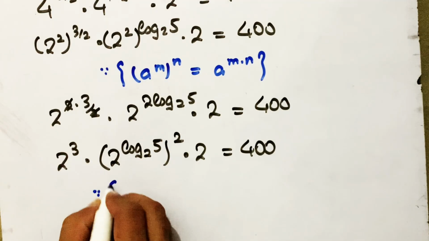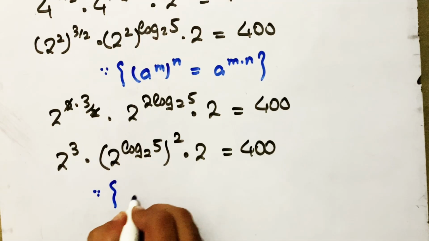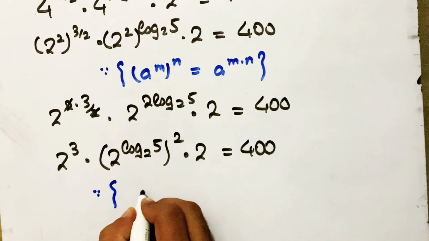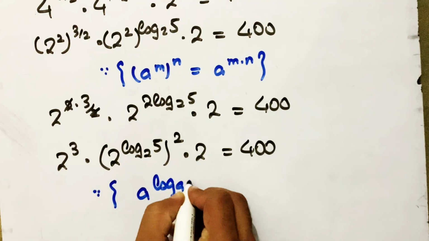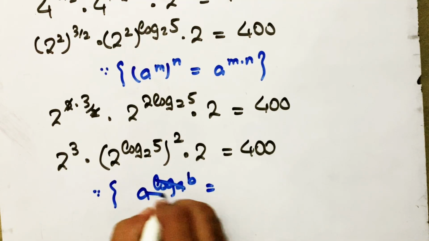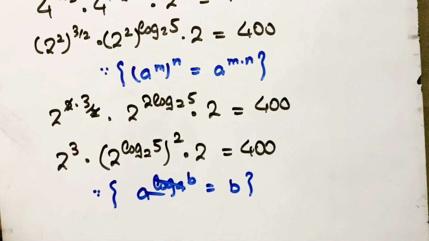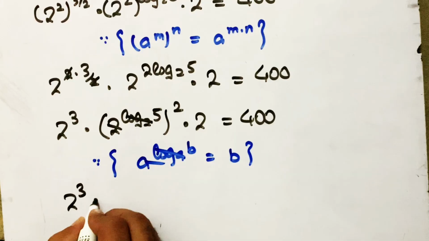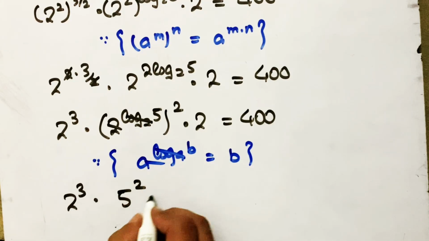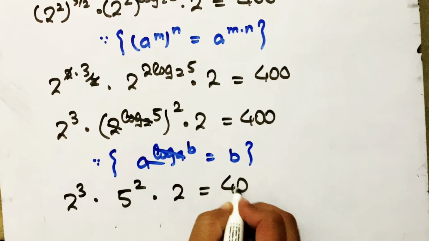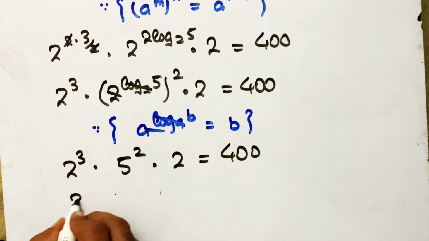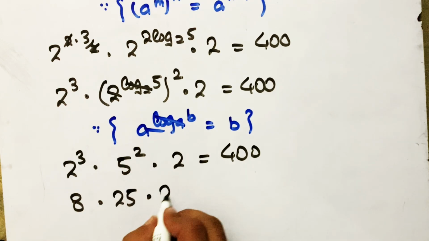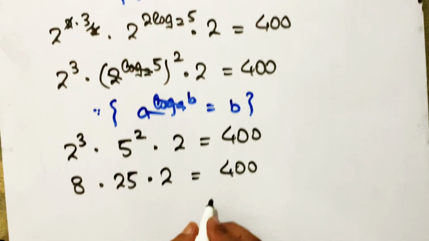I'm using the inverse power property: 2 to the power of log base 2 of b cancels out and equals b. So we get 5 square here: 2 to the power of 3 into 5 square into 2 equals 400. 2 into 2 into 2 becomes 8, and 5 into 5 becomes 25, into 2, equals 400.